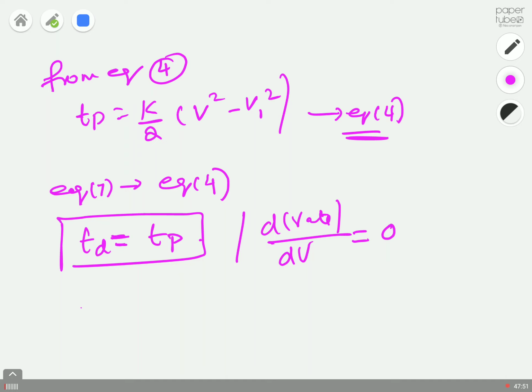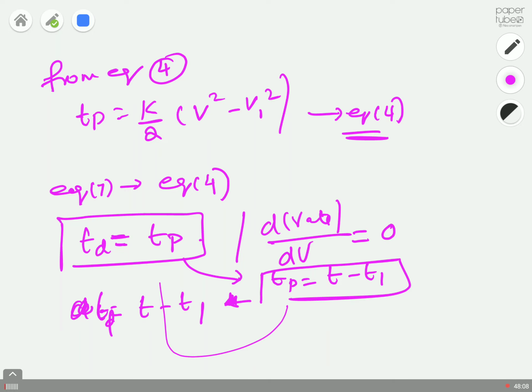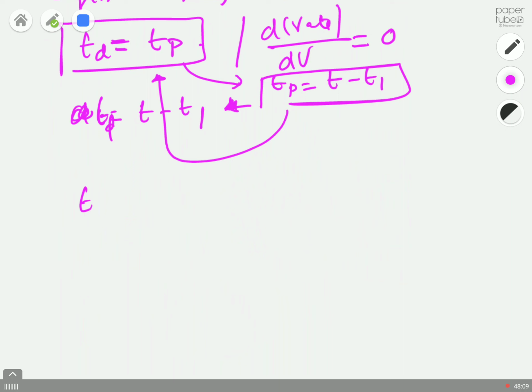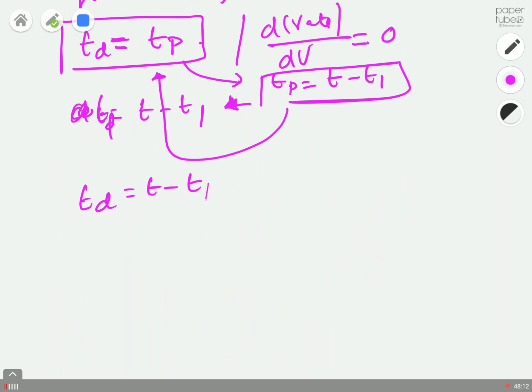In that case TD is equal to T minus T1. This is something we know, because we already know TP is equal to T minus T1. So I just substitute in this expression, which gives TD is equal to T minus T1.